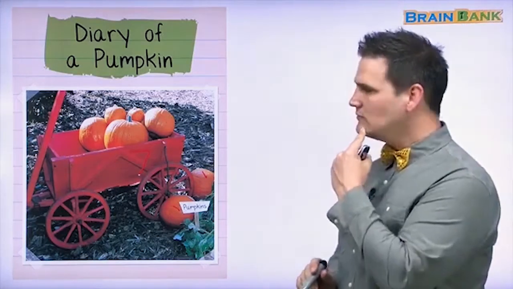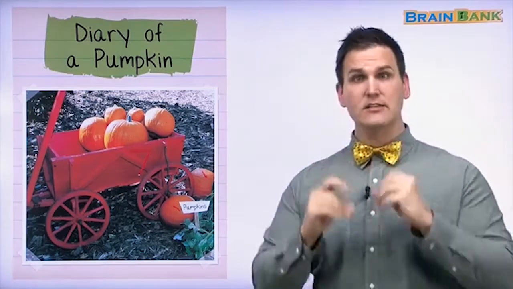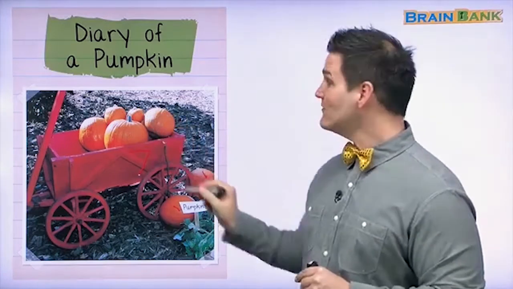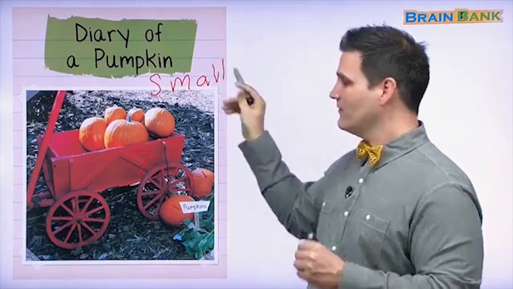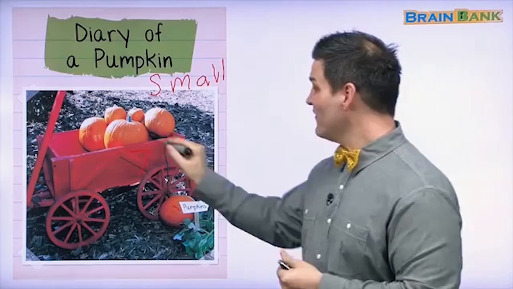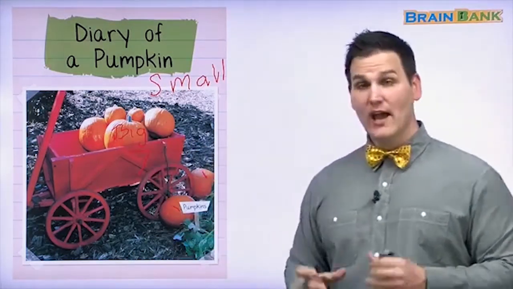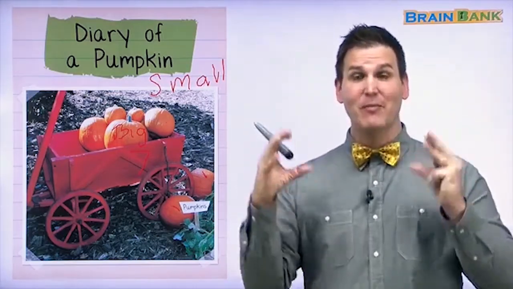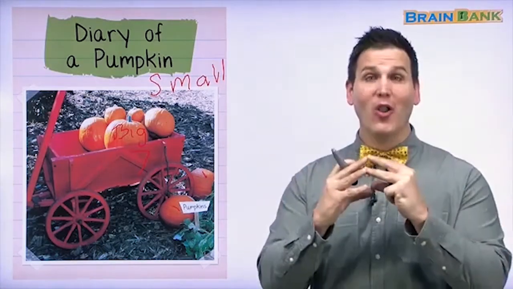Are all the pumpkins the same size? No. This one is very small. This one is very big. So we have small pumpkins and big pumpkins, or big hobaks, or small hobaks.